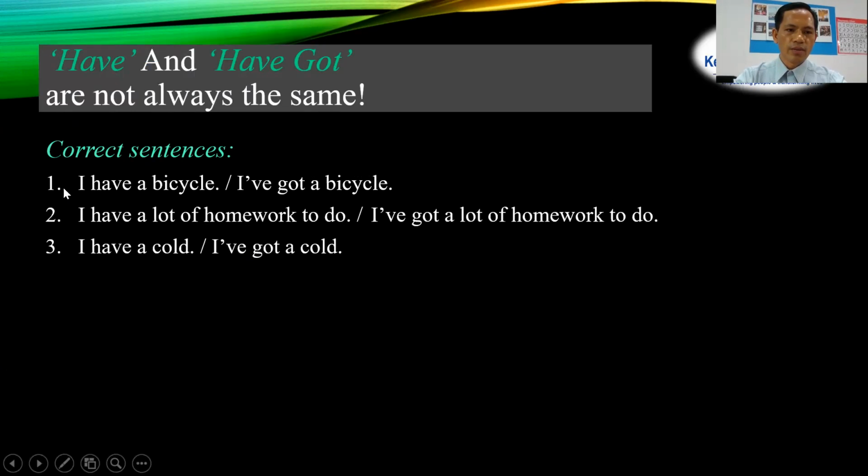So again, in number one, I have a bicycle, the meaning of have is possession. Number two, I have a lot of homework to do, I've got a lot of homework to do. This is some activity, something you have to do. I have a cold, I've got a cold. This expresses a health problem, or sickness.